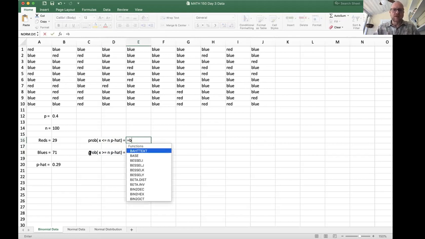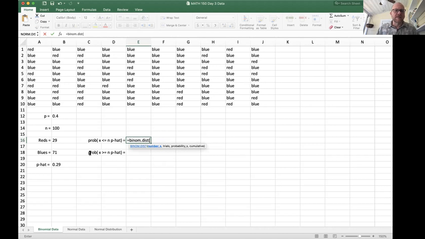We say equals binom, and fortunately the helper comes up and says, do you mean binom dot, and gives me some options. I'm going to say binom dot dist, parentheses, and then it says number underscore s. Oh, that takes me some thinking to figure out what's going on with it.